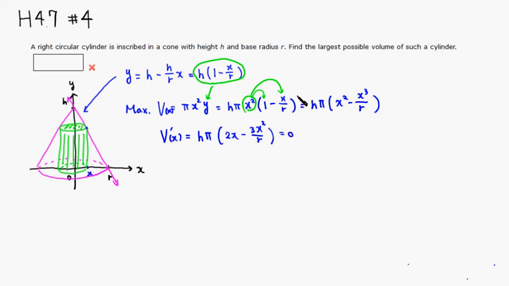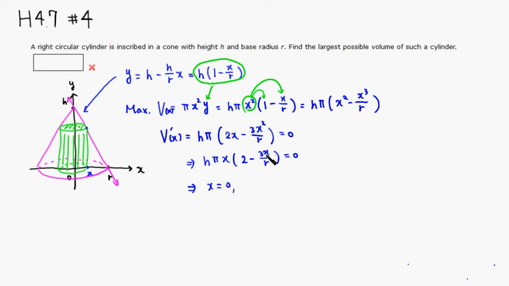One thing is, I'm going to pull out one of the x. You have h pi, and pull out the x, so you're going to have x times 2 minus 3x over r equal to 0. Then the critical numbers are x equals 0 is one thing.